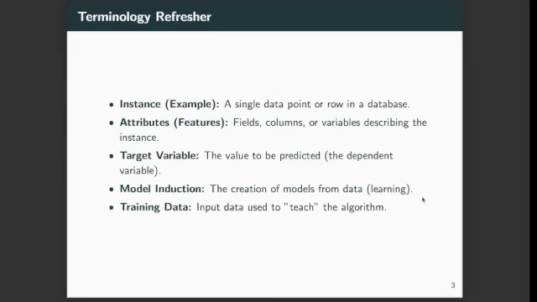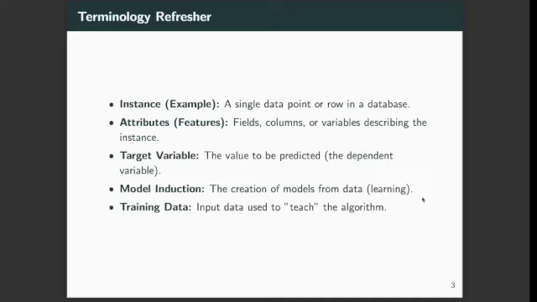Now let's do a quick terminology refresher. We have already covered this in the previous lecture, but just to freshen up a bit. The instance, or we can also call it an example, is just a single data point, like one row in your Excel spreadsheet. It may represent an individual.